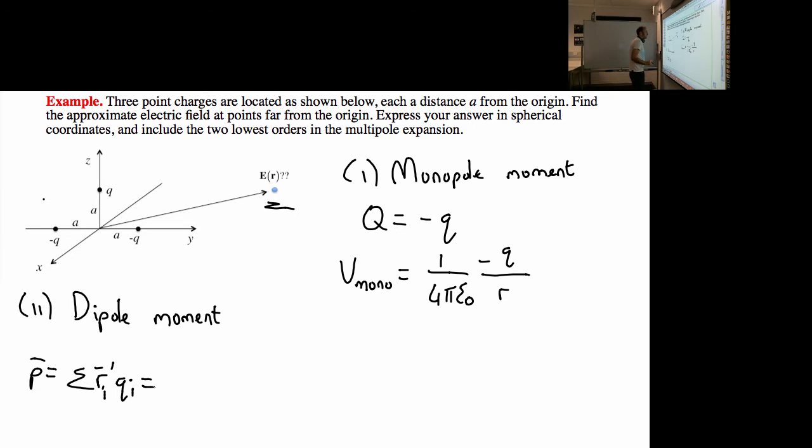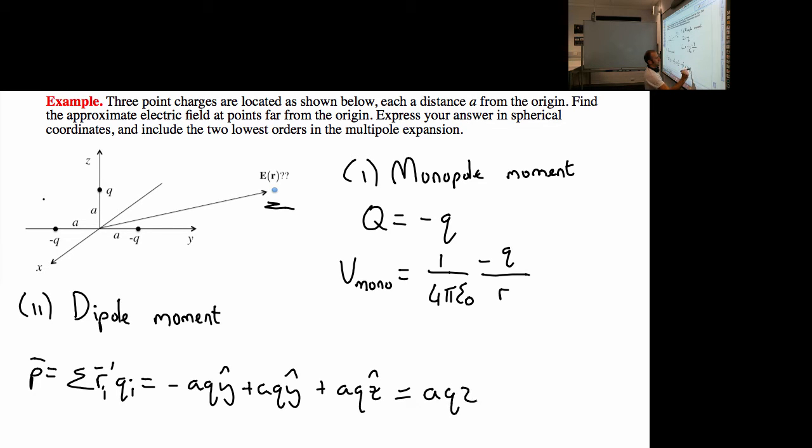So in this situation, we have a charge which is located on the positive y-axis, it's minus q, so I have a minus aq y hat. We've got a negative charge on the negative y-axis, so that's going to become a positive, so positive aq y hat. And we have a positive point charge on the z-axis, so we've got a plus aq z hat. So we see our dipole moment is equal to aq z hat.